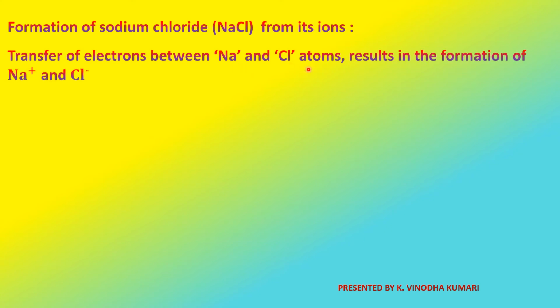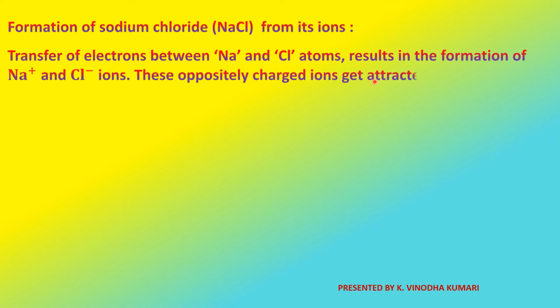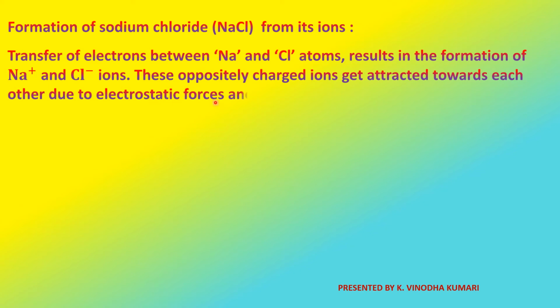So Na plus and Cl minus are formed due to the transfer of electron between sodium and chlorine. These oppositely charged ions get attracted towards each other due to electrostatic forces, which leads to the formation of a sodium chloride molecule.